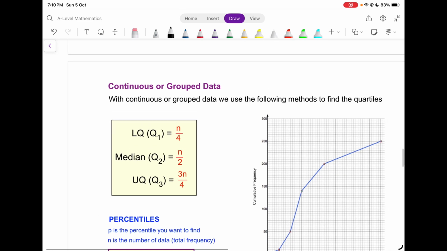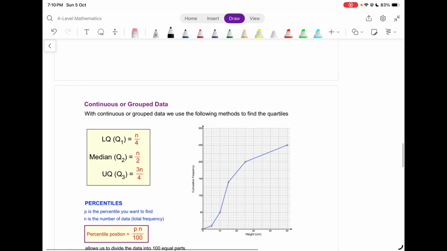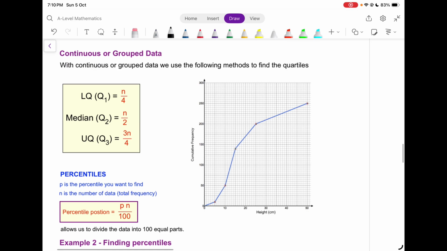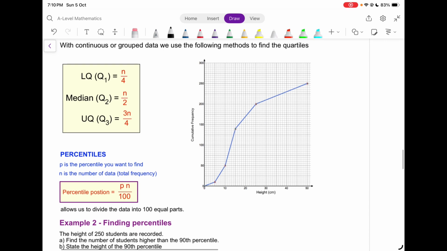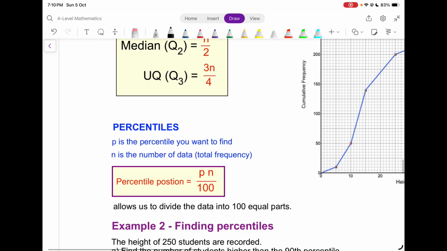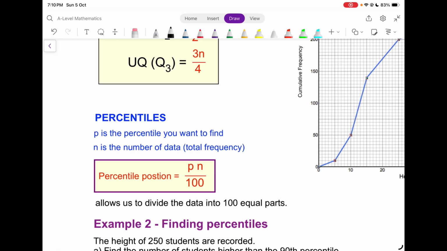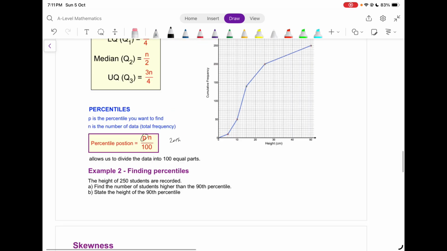Now if it is grouped data, we go back to our earlier method: n over 4, n over 2, n over 4 times 3. If they give you percentiles, then for the percentage we want to find, we multiply it by the total number of data. So they may ask about the 20th, 30th, 50th which is the half, 75th which is the upper quartile, 80th and so on.